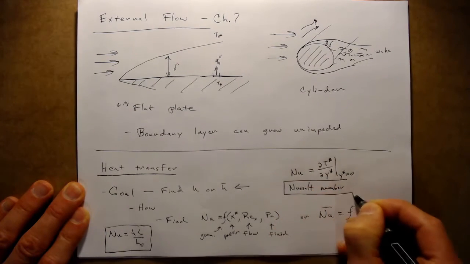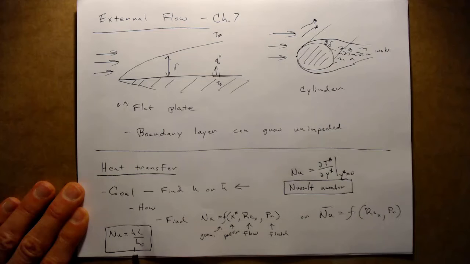It's a dimensionless number, and we can think of it as a dimensionless form of the heat transfer coefficient. And so when we plugged into our non-dimensionalized boundary layer equations, we arrived at an expression for the Nusselt number as the heat transfer coefficient times some length scale. Now we need to consider the specific length scale that's appropriate for each problem, divided by the thermal conductivity, and importantly, that's the thermal conductivity of the fluid.